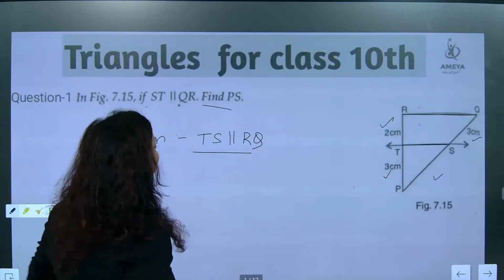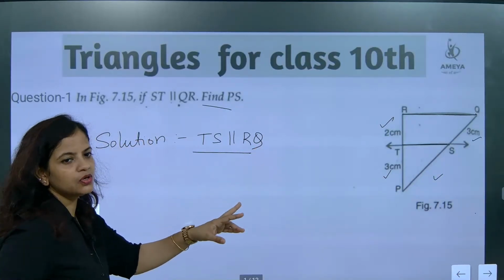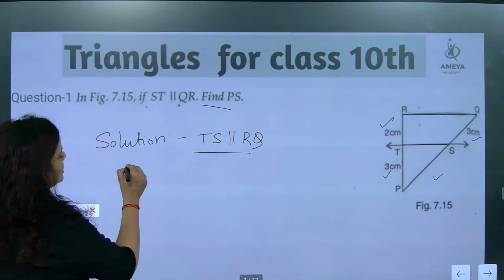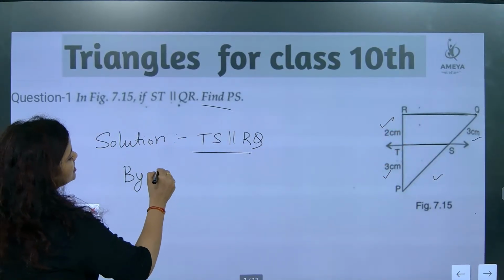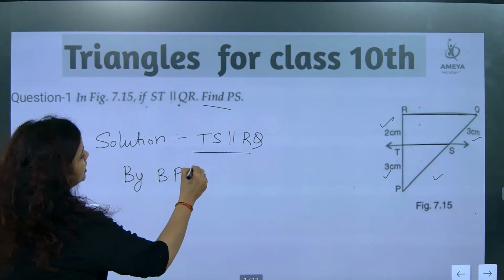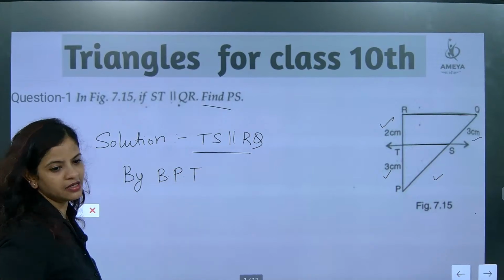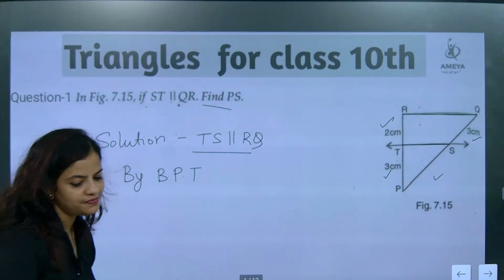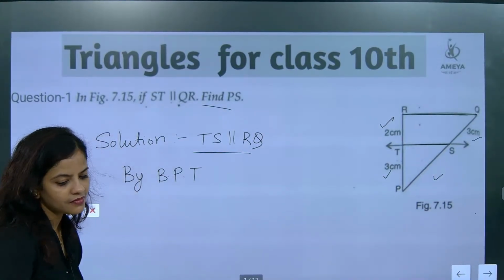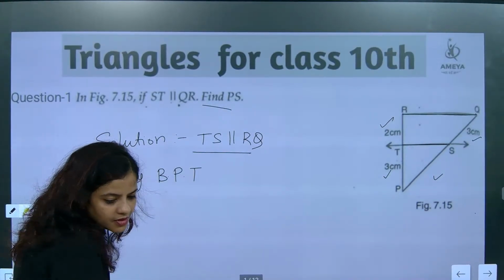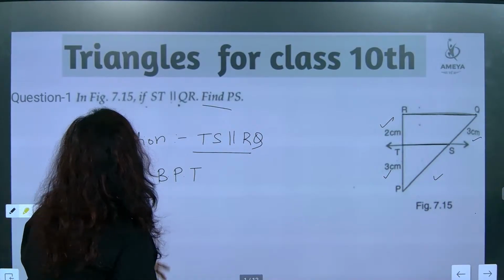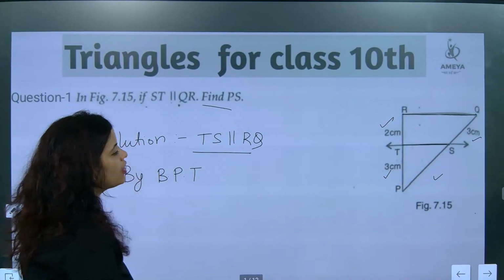So TS is parallel to RQ means, beta, by the BPT theorem, directly write, by the basic proportionality theorem. BPT is called basic proportionality theorem. What will be there, beta?